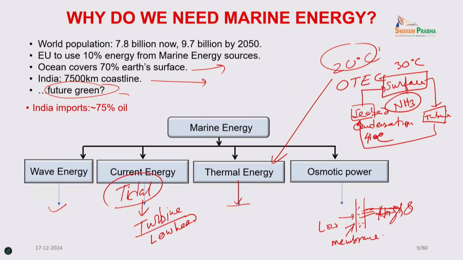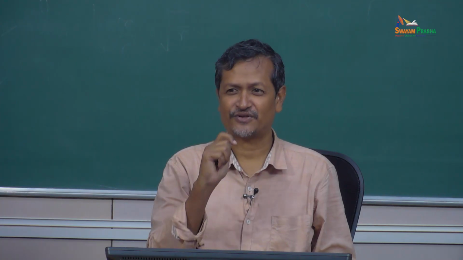So, in India there is not much research happening now. In the US some try is happening, but I think it is still in a very basic stage. But how will it work for ocean energy? River water and sea water have different salt concentrations. Sea water salt concentration you may know is 35,000 ppm, parts per million. Drinking water salt concentration is 500 to 1000.